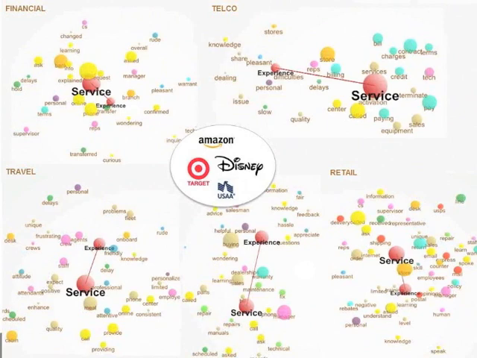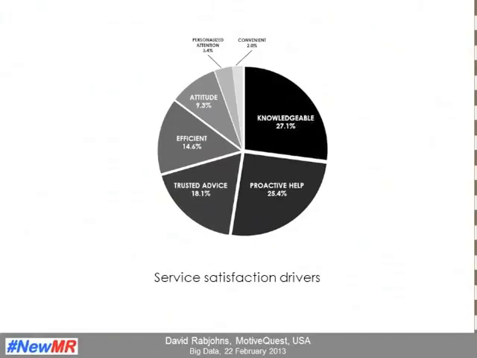So we looked at all the ways people talk about great service and the brands they talk about, and boiled that down to the 10 dimensions that customers in the marketplace these days were talking about that really mattered for great customer service. And then we were able to overlay that in a quantitative fashion on the cellular service category to see, of those things that matter generally about service, which ones matter the most in cellular.